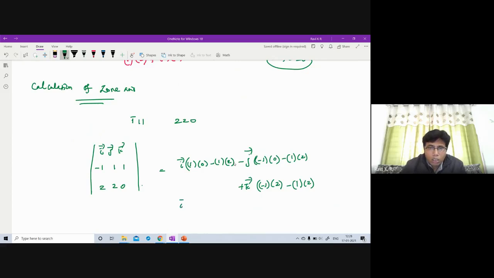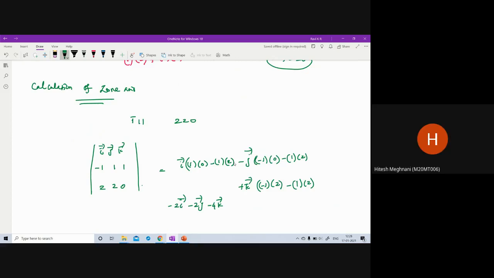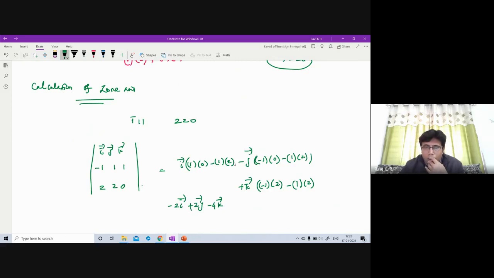So this is actually 0, this is minus 2i, this is minus 2j, then this will become minus 4k. So it will become plus 2j maybe. Yes, plus 2j. Okay, fine.